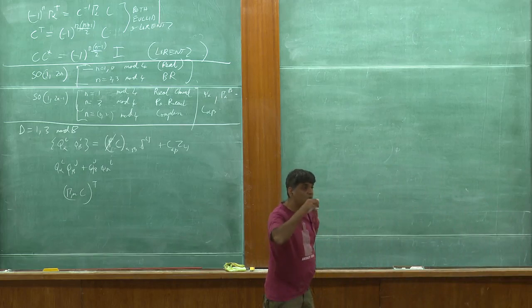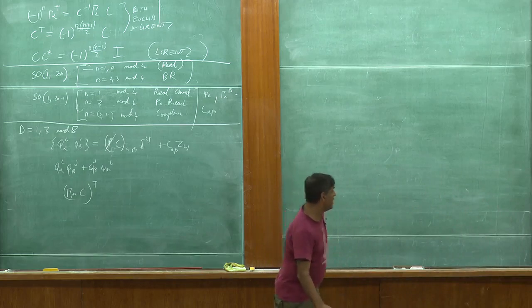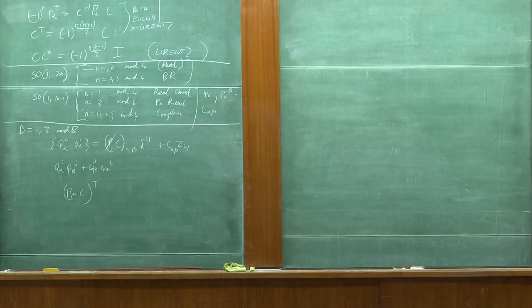Why did I just take delta ij? We did the same last time in quantum mechanics, firstly. Why couldn't we have something more general?